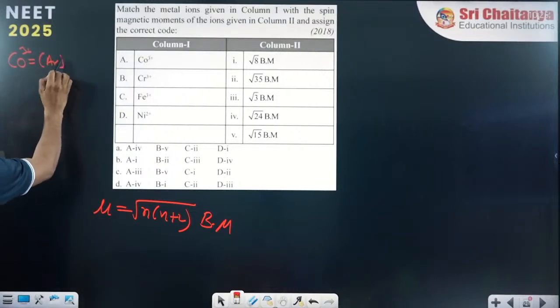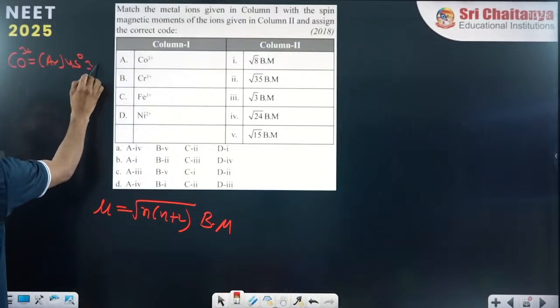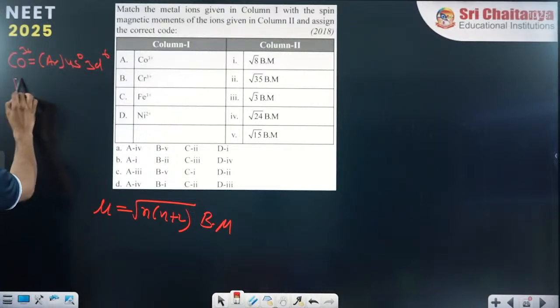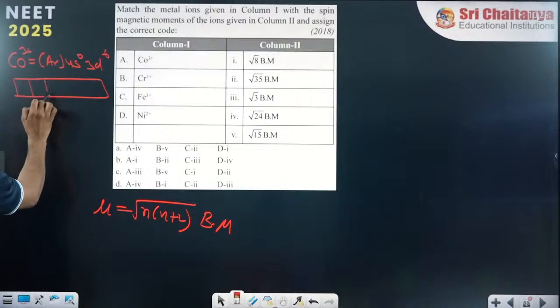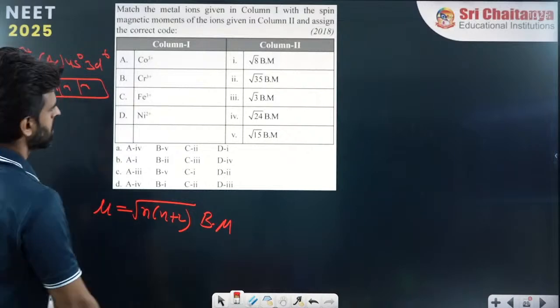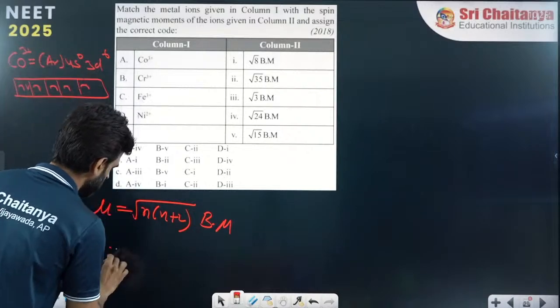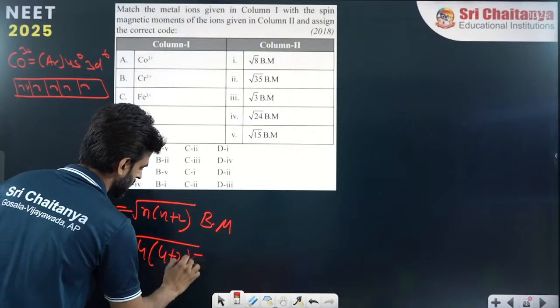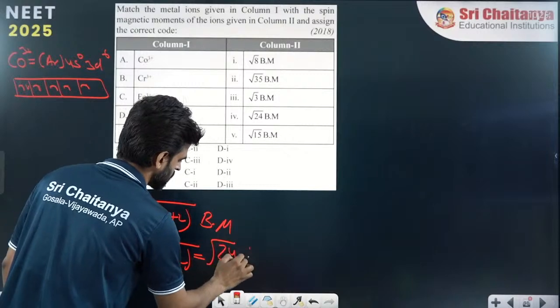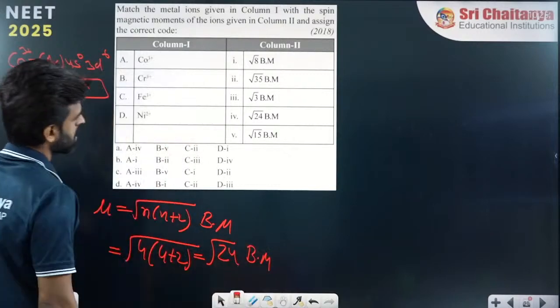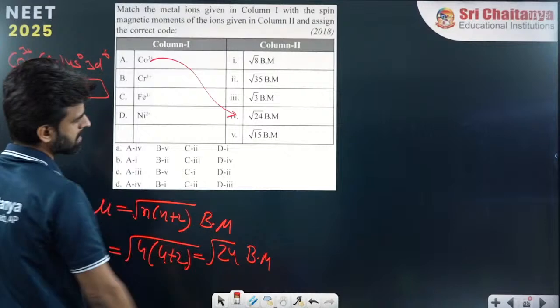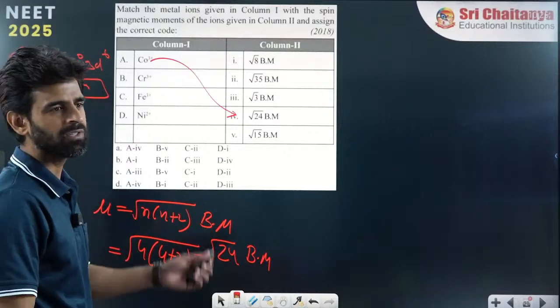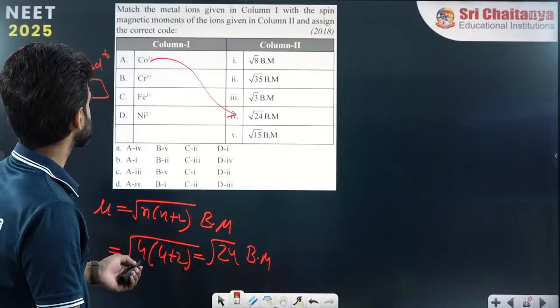Argon, 4s becomes 0 and here 3d6. If you fill 3d6, 1, 2, 3, 4, 5, 6. So how many unpaired electrons? 4. So definitely if I put here 4 into 4 plus 2, under root 24 Bohr magneton, right? This way you can find easily. We have done many questions on this basis, so you can find.